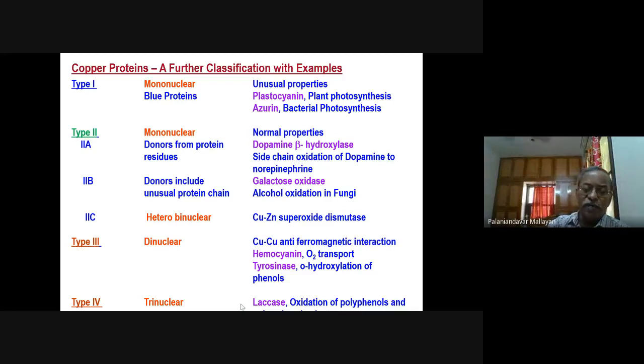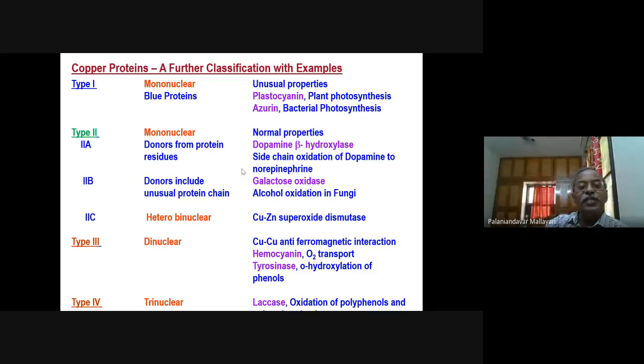So it is essential for bioinorganic chemists to know about the active site of laccase and try to understand whether you can generate synthetic mimics for all these compounds.